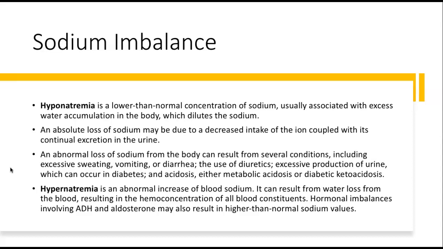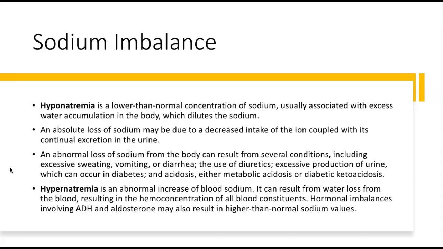An abnormal loss of sodium from the body could result from several things like excessive sweating, vomiting, diarrhea, or the use of diuretics to make you pee more, which obviously excretes it. That can also occur if you have diabetes or acidosis, either metabolic acidosis or diabetic ketoacidosis.